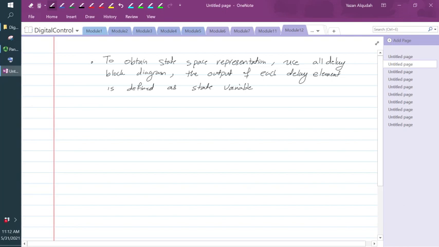Okay, so let's look at an example of a system, and we're going to get the state space representation for this system. So in this system, we're going to find the state space representation using the all delay block diagram below.